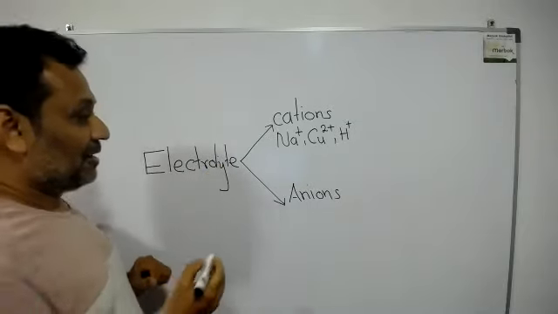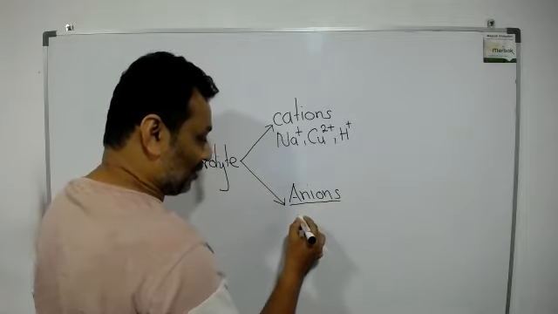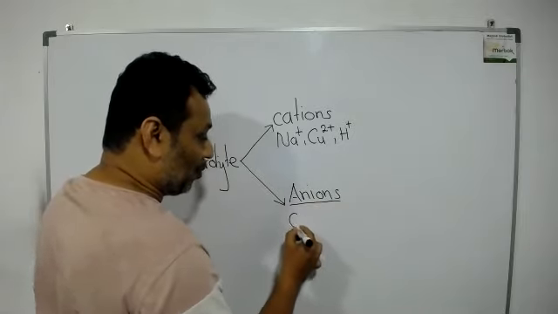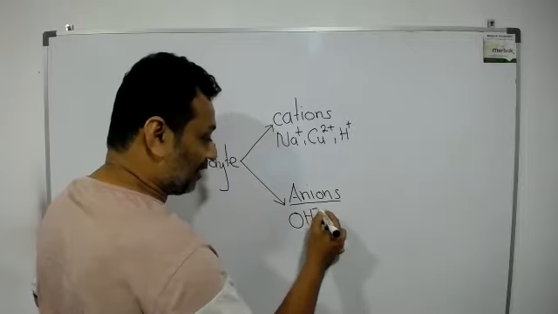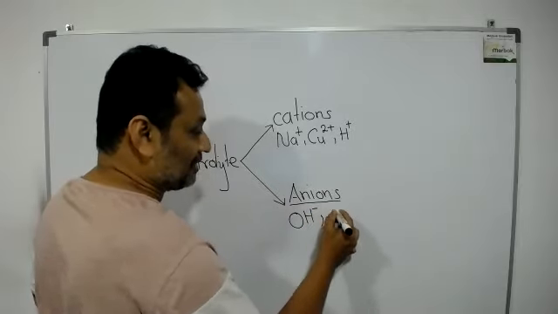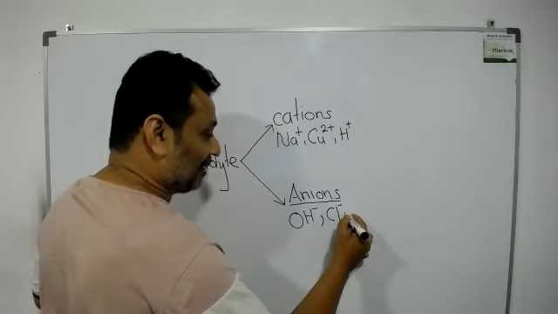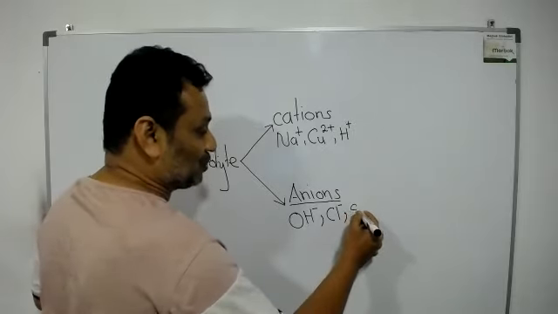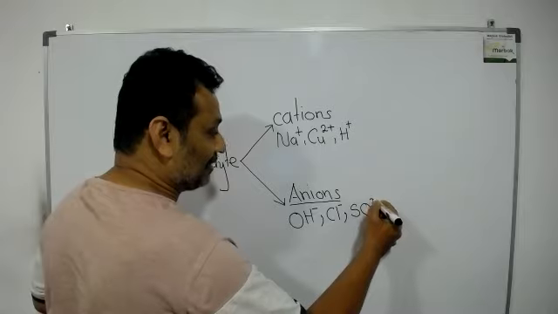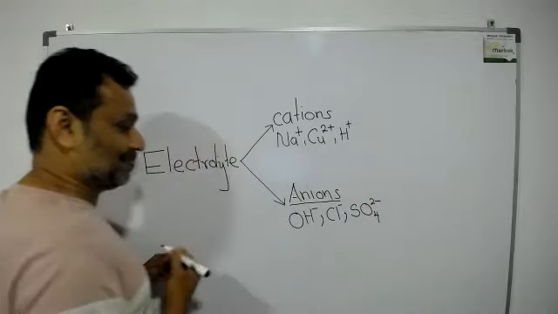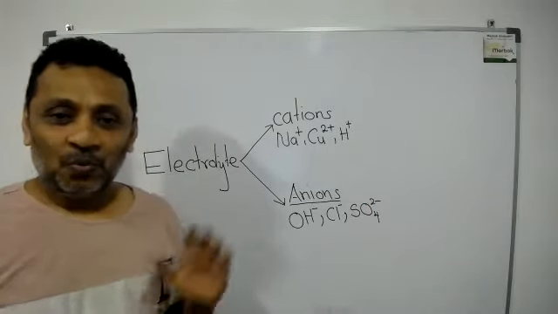Okay. Similarly, there can be anions. OH minus is one anion, Cl minus another anion, SO4 2 minus is another anion.